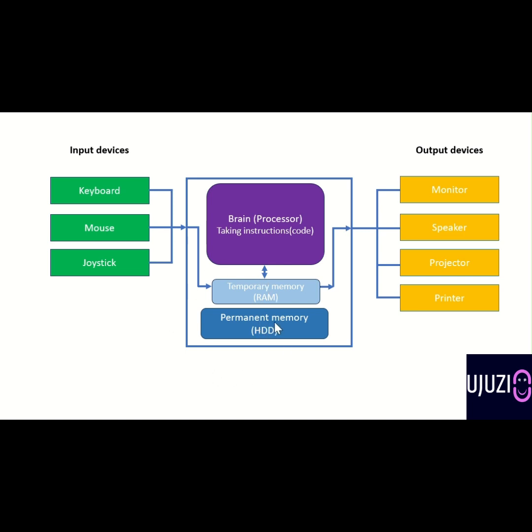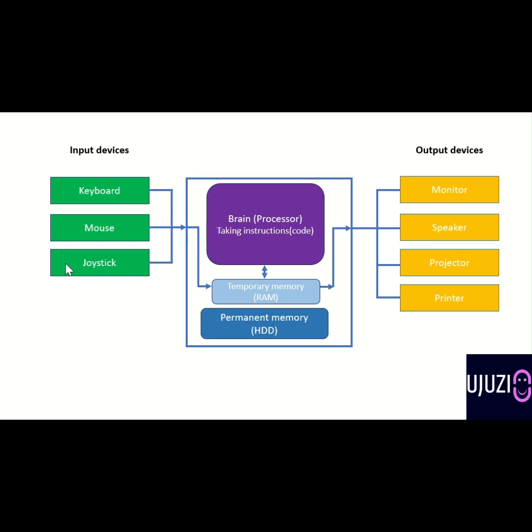To do that, we have to save it in permanent memory, which we call the hard drive, HDD. So when we save it in permanent memory, even when we turn our computer off and go to sleep, tomorrow if we wake up and turn on the computer and go to the memory, we'll be able to open our work and continue writing our book.